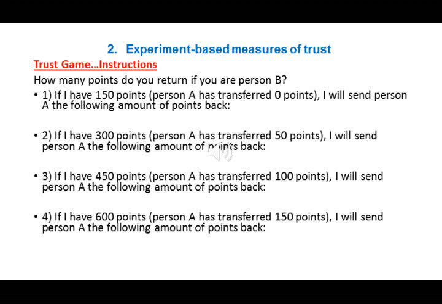So here we are measuring his level of trust in B. And we are measuring his trustworthiness as person B, given the four possibilities of the number of points that the other person might have sent him in the first phase.